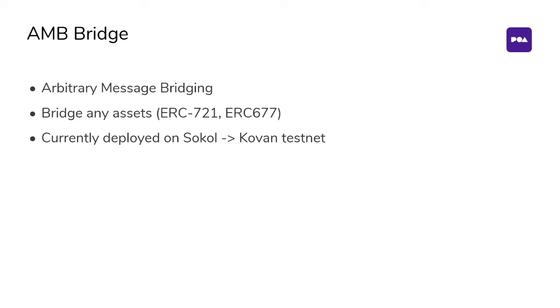We currently have a working model on the Sokol and Kovan testnet. And we really encourage you to check out how that works. And we're hoping to have an ETC implementation at some point. If there's anyone here who's interested in helping with that, we're definitely open.